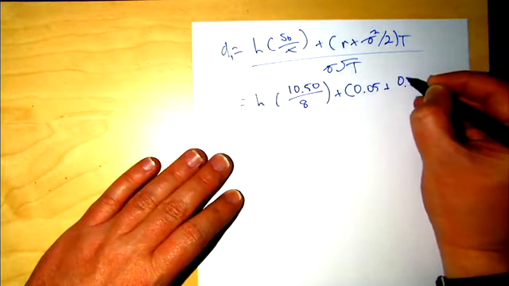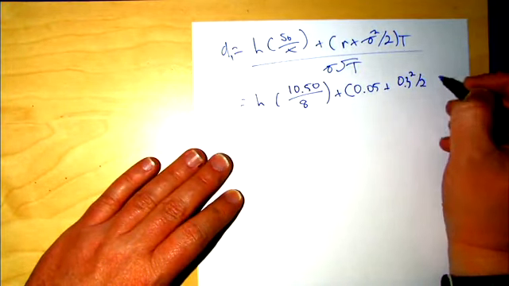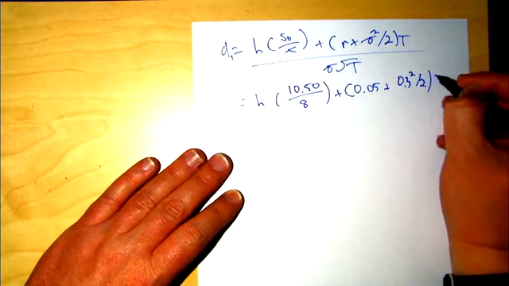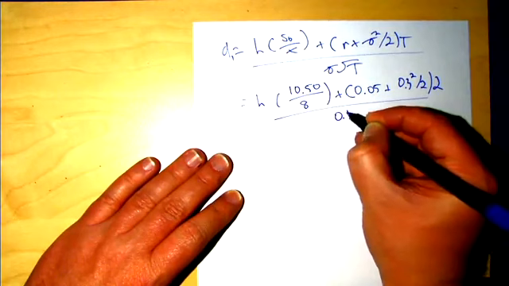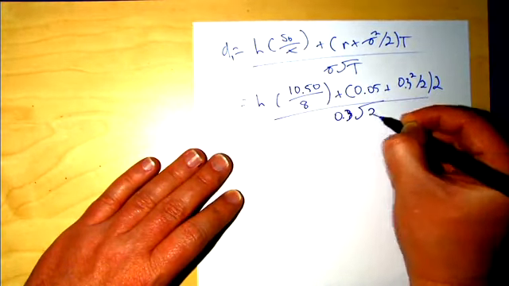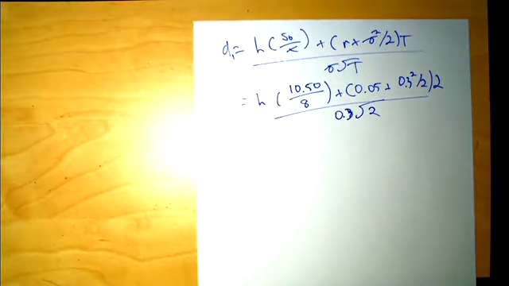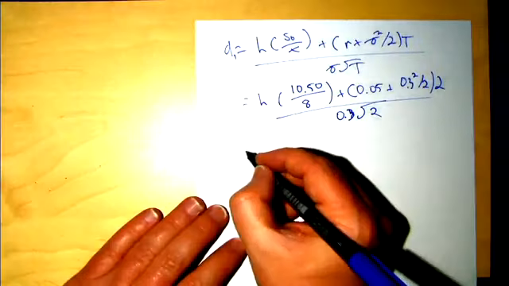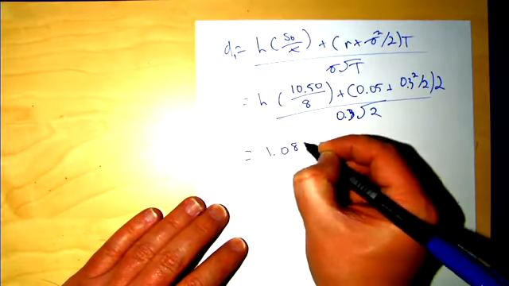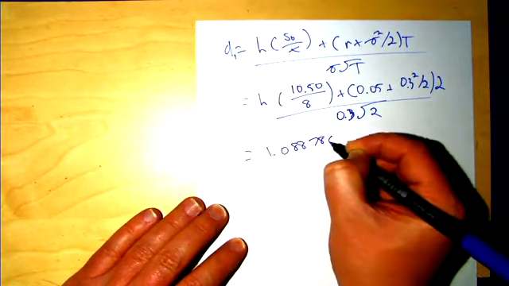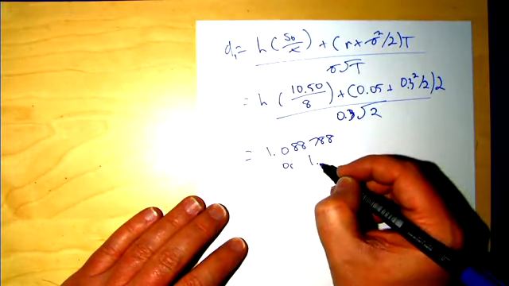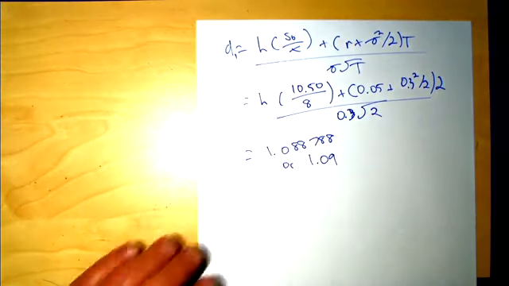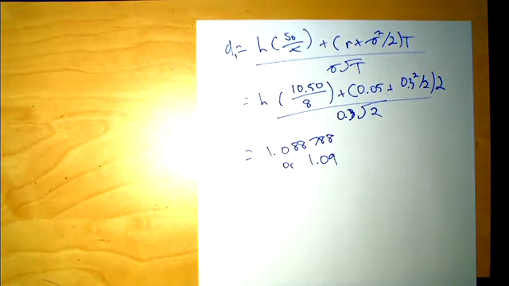Plus 0.3 squared on 2, times the life of the option, 2 years, divided by volatility of 30% times the square root of the life of the option of 2 years. That gives me 1.088788. You look up 1.09. Remember, you round to 2 decimal points.